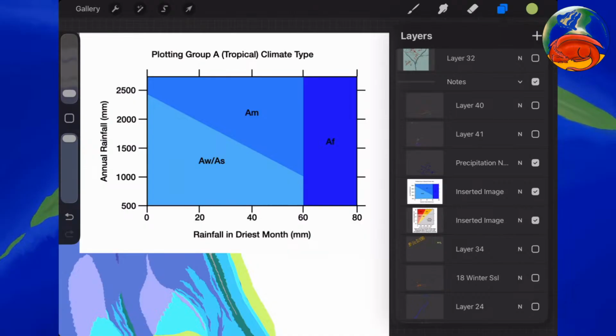And then the difference comes as to whether it's AW or whether it's AM, is that less than 60 millimeters.